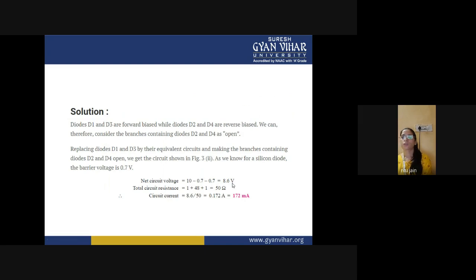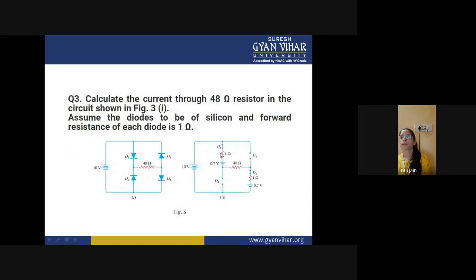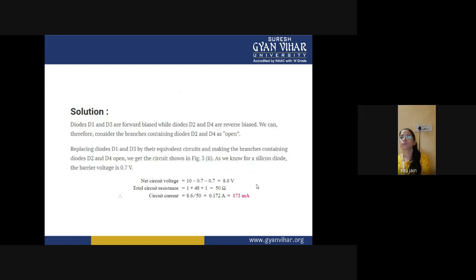The total circuit resistance you can easily find out: 1 plus 48 plus 1, so this is 50 ohm. The current flowing through the 48 ohm resistance is 8.6 upon 50, which is equal to 0.172 amperes, that is 172 milliamperes. So this is the solution for this circuit: the current flowing through the 48 ohm resistance is 172 milliamperes.